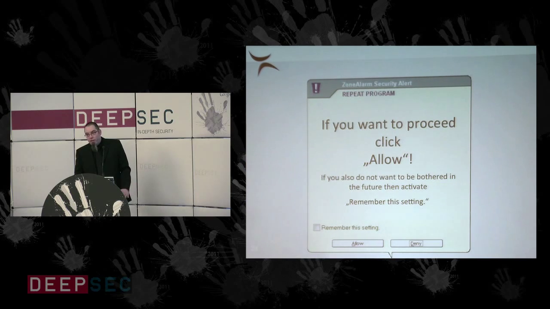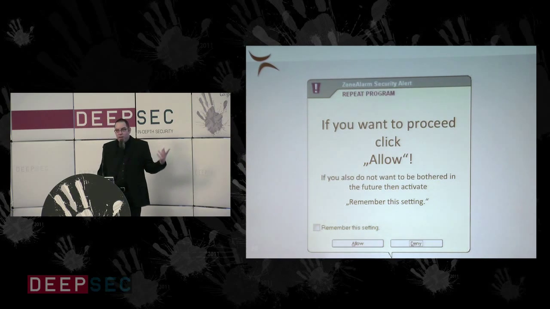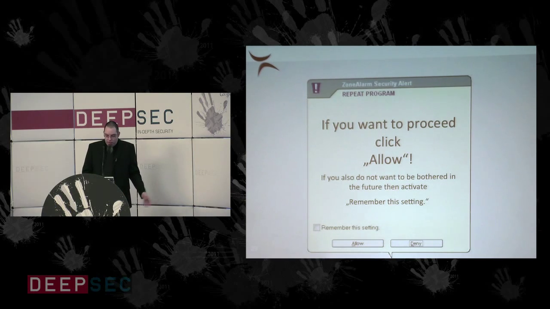So what it boils down to is, the user interface just tells me, if you want to proceed, click allow. If you also do not want to be bothered in the future, also activate remember this setting. So this is more or less what the user sees. And this is what we should avoid, because as you see, what we have reached is exactly the opposite of what was the goal.